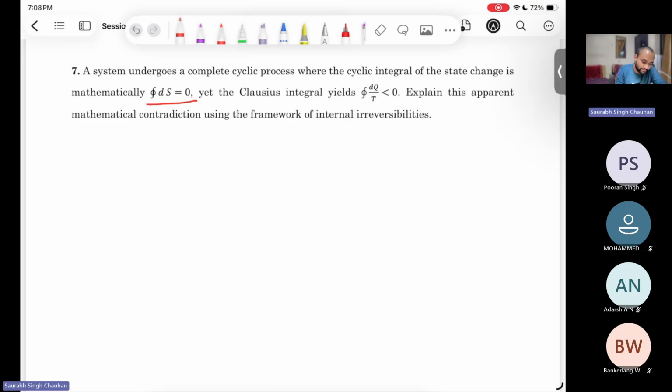It is saying that the cyclic integral of ds is 0 for all cyclic processes.